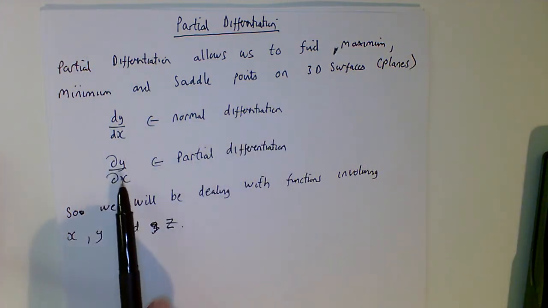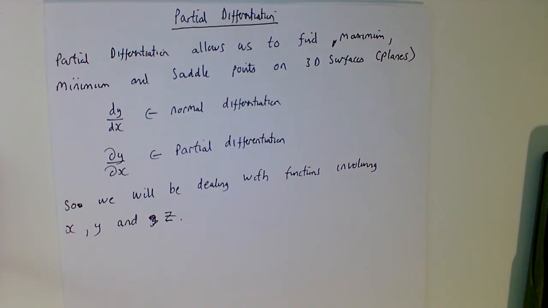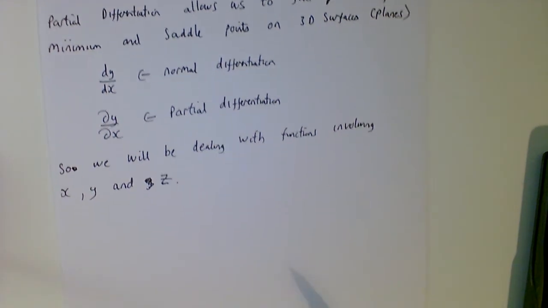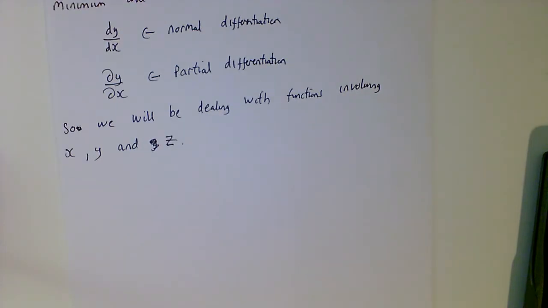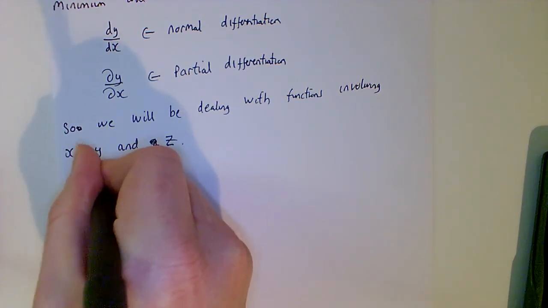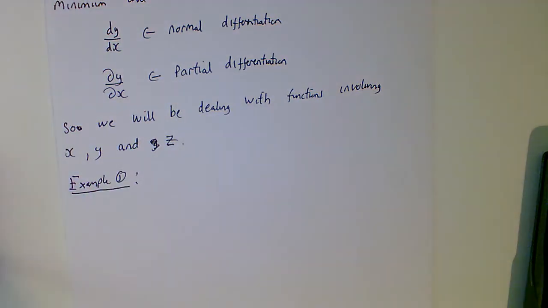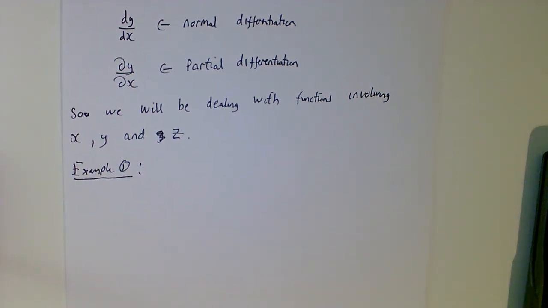Partial differentiation is curly dy by dx. And because we're dealing with three-dimensional surfaces, we're going to be dealing with x, y, and z. Right. So, example 1. And all we're going to do in the first bit is just get used to the calculations. Right, that's all I'm looking for, is to get used to the calculations.